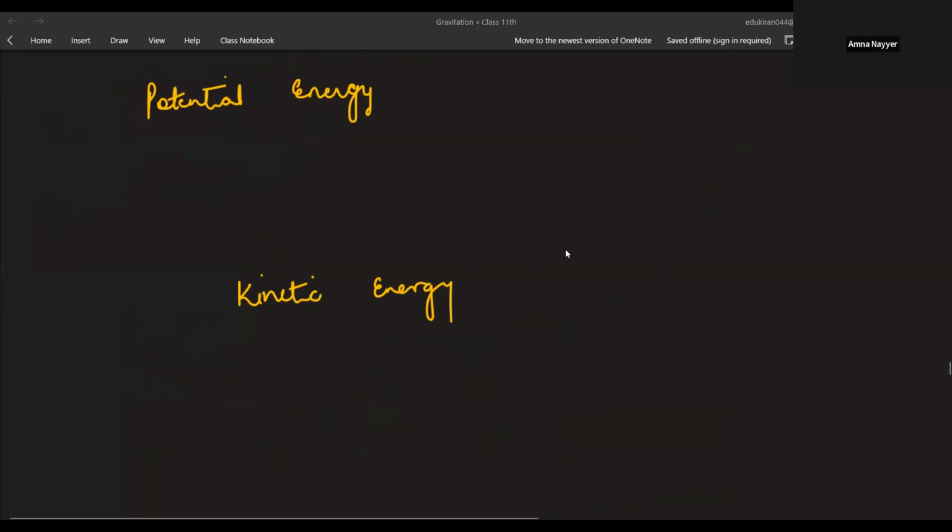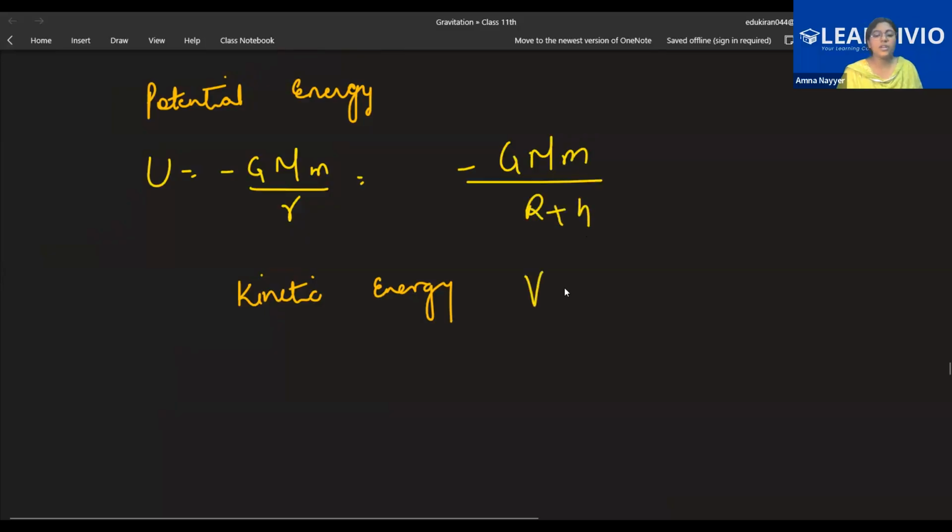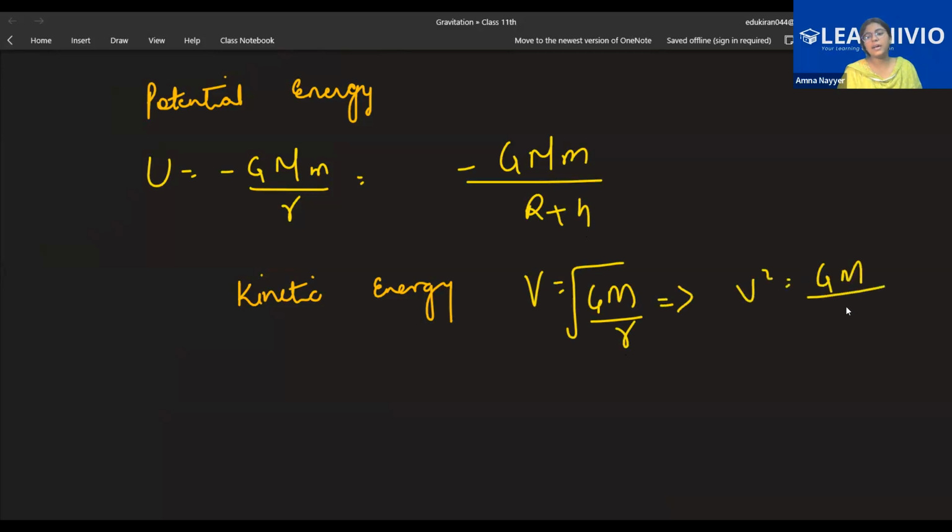Okay, so when we are talking about the potential energy, we have studied that gravitational potential energy is minus G capital M small m by R. Even if you wish, you can use this formula with R plus H. And for the velocity, which is under root GM by small r, we can write v square as GM by r.